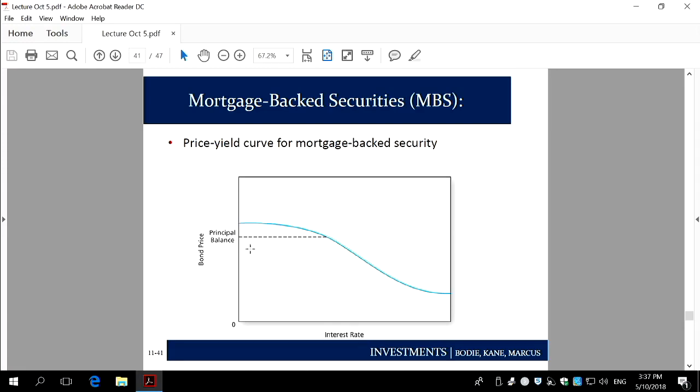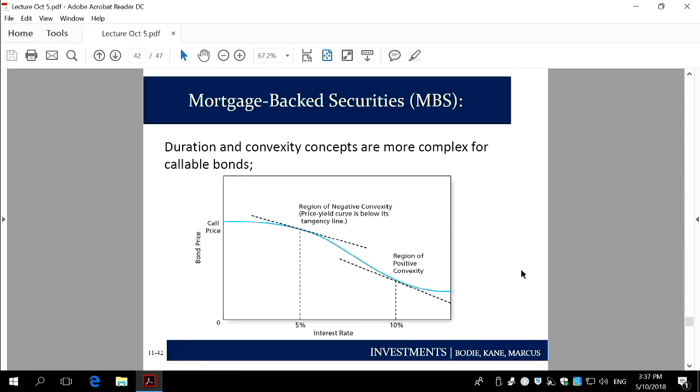But why does this price-yield curve matter? Because we are talking about duration and convexity, right? Convexity for this type of security is a little complicated. The convexity of this part is positive convexity because it's a convex curve. But this part is concave, which means negative convexity.